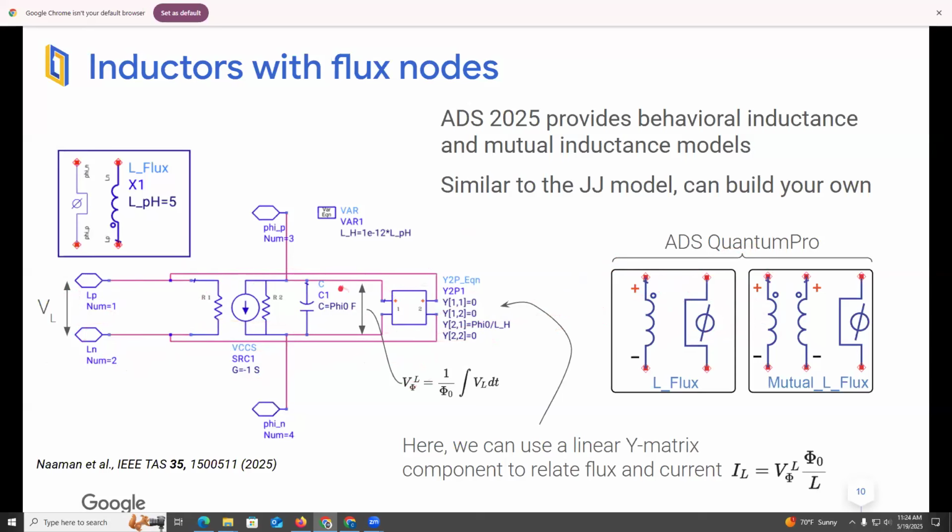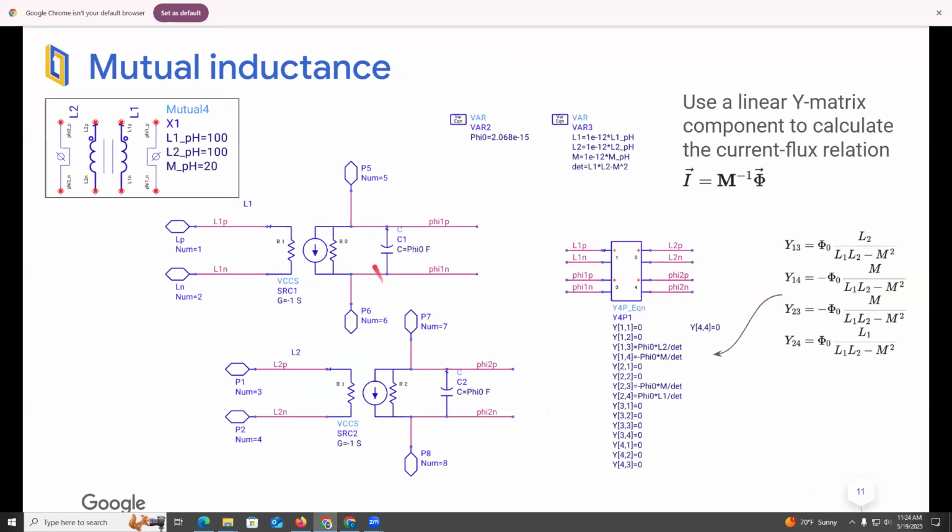Then you can just calculate the current, because you know that the current is going to be phi naught over L times the voltage, or times the phase at the input. Okay, so this is how you make an inductor, very similar to how you made the junction.